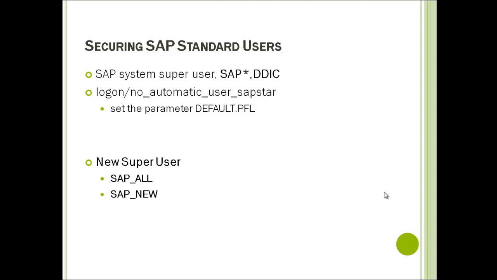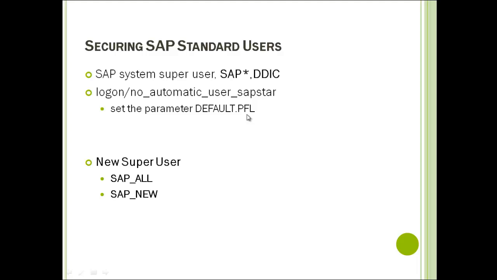The parameter which we have also seen in our previous session is login/no_automatic_user_sapstar. This will prevent unauthorized use of the powerful user SAPstar in our SAP system. In a perfect scenario, we will enable this parameter in the default profile, DEFAULT.PFL.